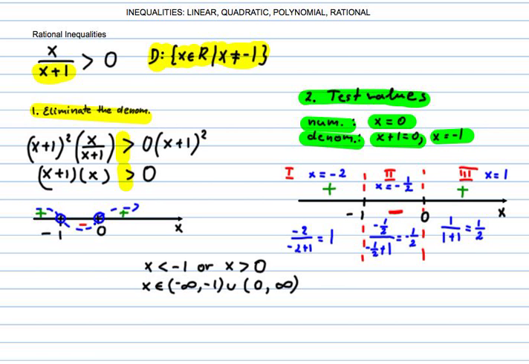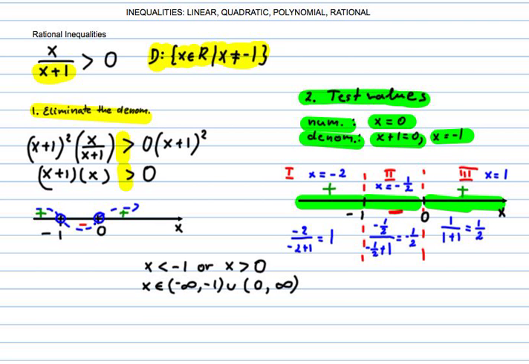Just find those critical numbers first, which means your entire domain will be split into 3 different regions. So the split comes from the critical values, -1 and 0.